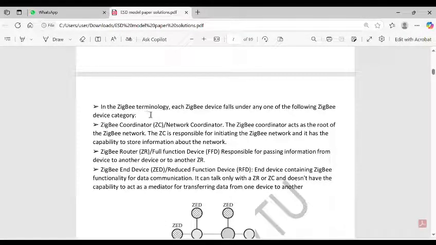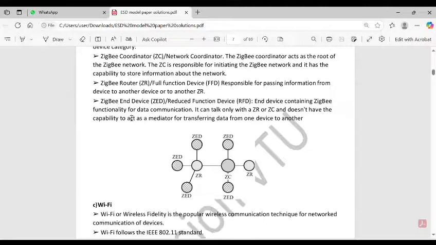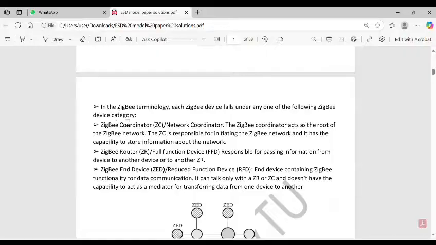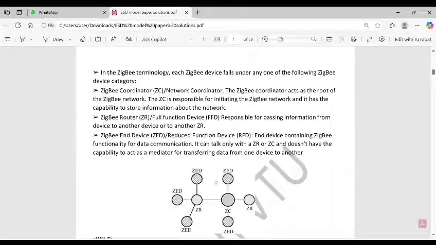Next, the ZigBee terminology: a ZigBee device falls under any one of the following ZigBee device categories. That is, we can see here in the following ZigBee diagram. Here ZC means ZigBee coordinator, ZED means ZigBee end device, and ZR means ZigBee router.